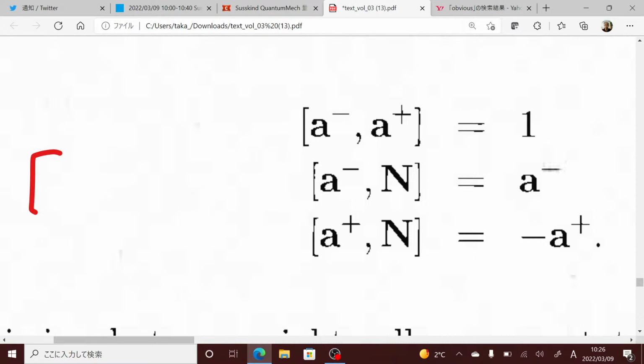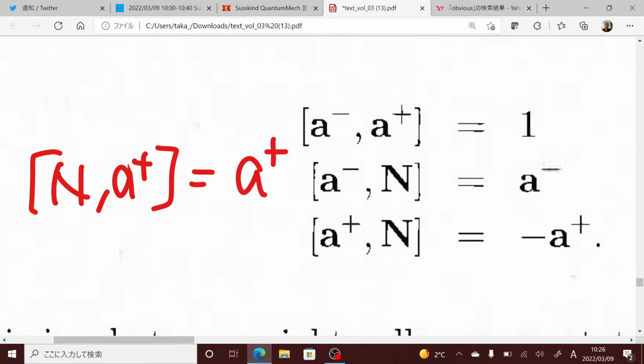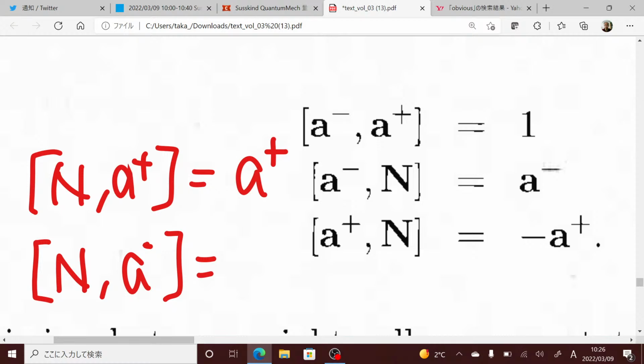You can write n a plus equals a plus n plus a plus, and n a minus equals a minus n minus a minus.